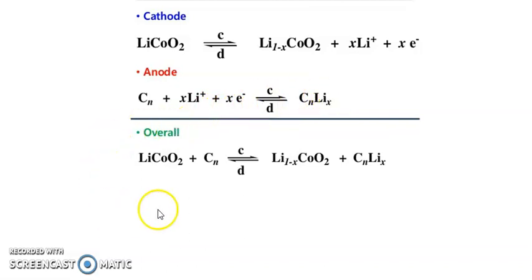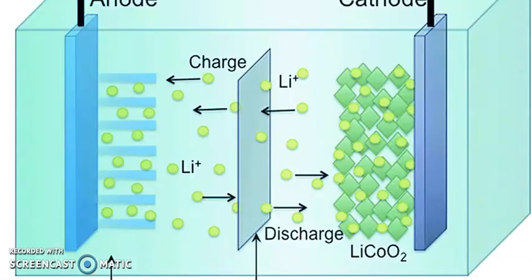Overall, the reaction is represented as lithium metal oxide plus carbon n times. Since layers of graphite are there, that's why we are representing it as n times, and we are getting the lithium carbide plus lithium cobalt oxide. Always the forward reaction is the charging reaction and the backward reaction is the discharging reaction. And it's a detailed mechanism regarding the charging and discharging.